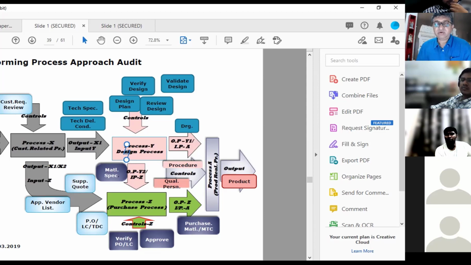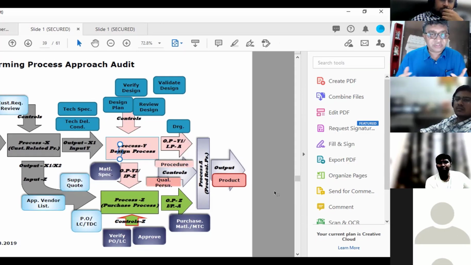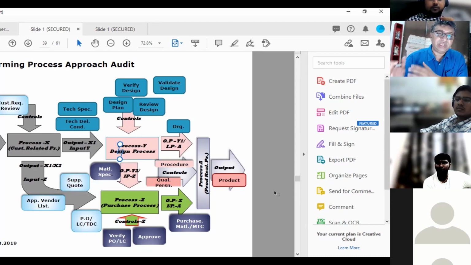So trace backward is also a very good technique, that when a job is completed, you should be able to see the entire cycle of the process for conformity. So I love this technique. I take a sample at the final stage because I now know that the entire process must have been completed in accordance with the system requirement.